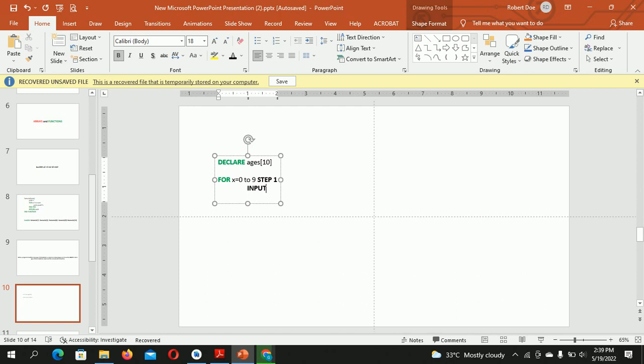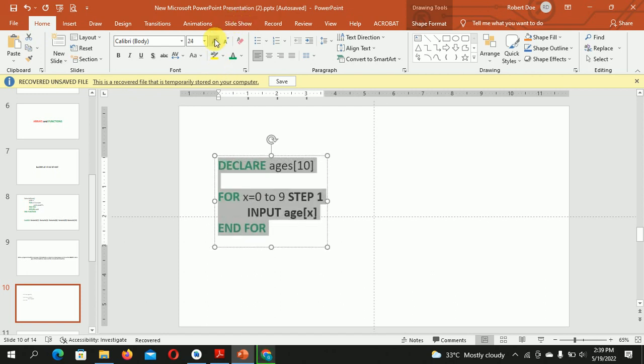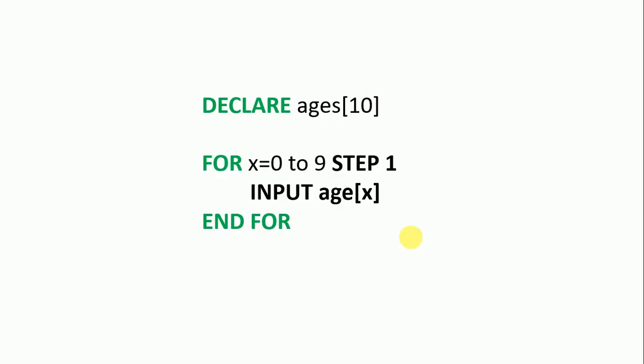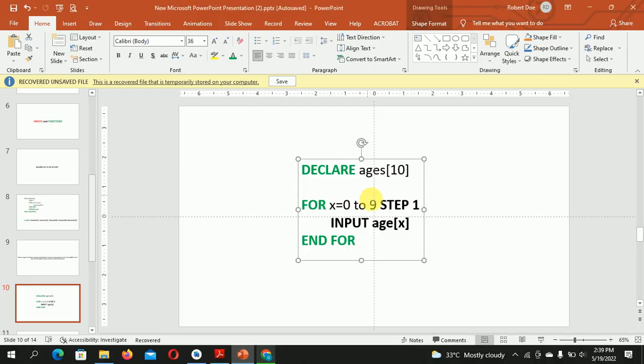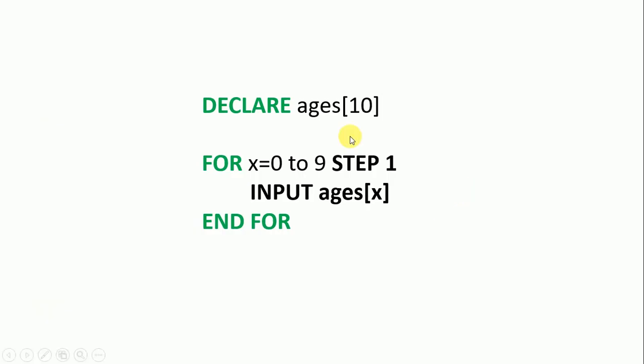So anytime the loop runs, we input ages at the position x, and then we end for. This is to take values into the array ages. So there was a mistake I made. Just take values into the array ages.